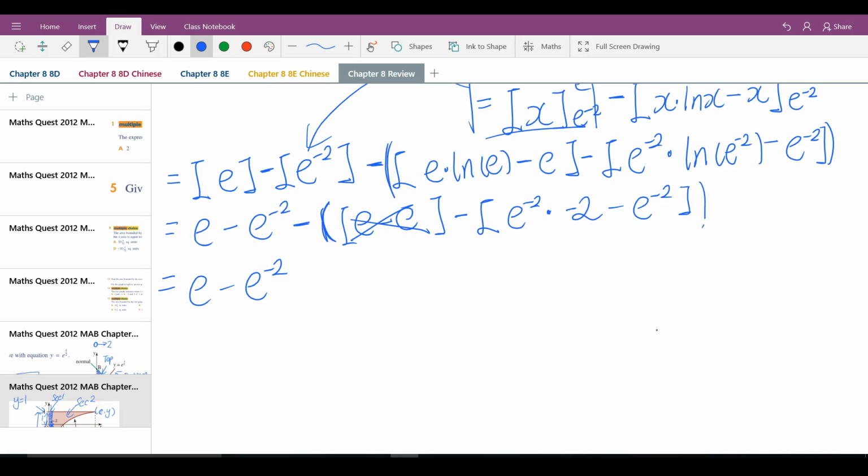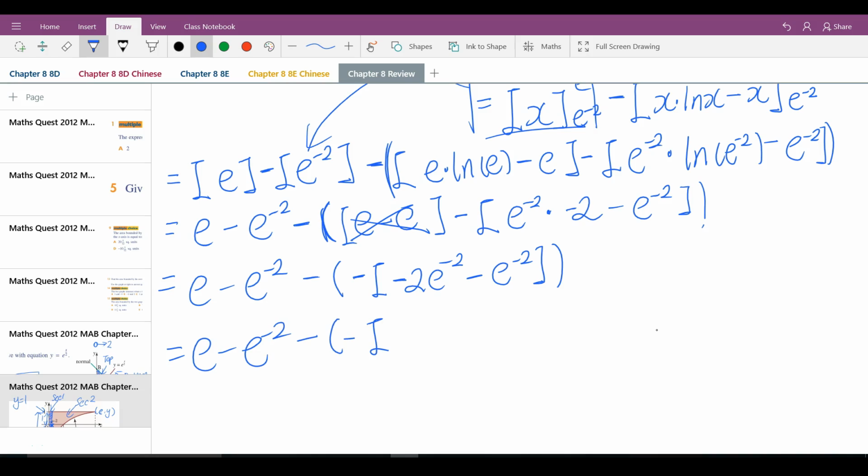Don't miss out the negative sign, the positive sign. So e to the negative 2 times negative 2 becomes negative 2e to the negative 2, minus e to the negative 2. So we're just minusing one more. So that gives us negative 3e to the negative 2.